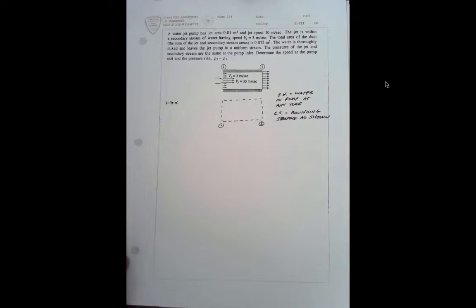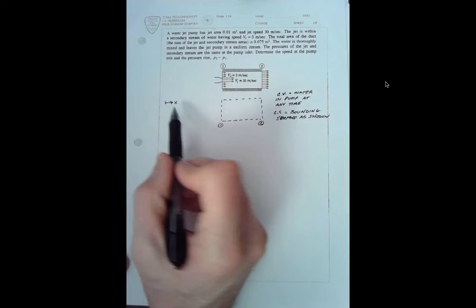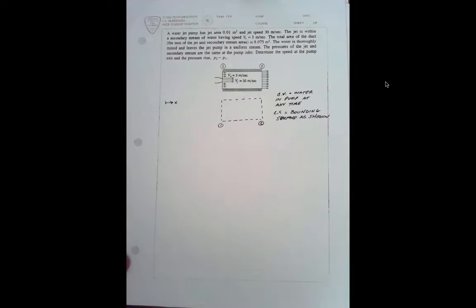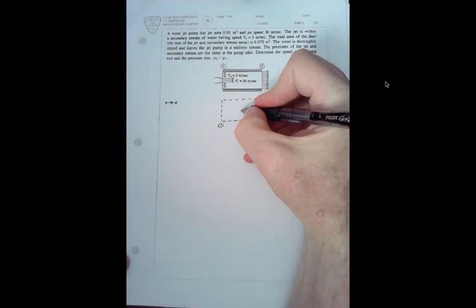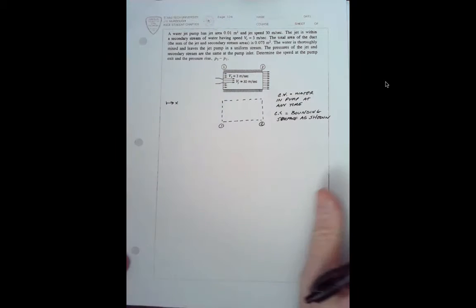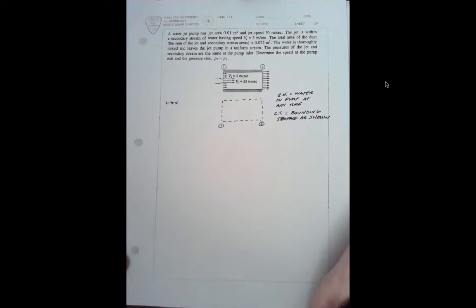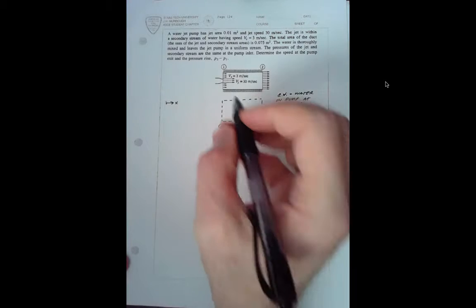Okay, next thing is we want to indicate positive coordinate directions, which is done. We want to indicate forces. The only force here that we have is a weight force, and we would have a reaction force if we had friction. Our next step is to indicate velocities and dA vectors.